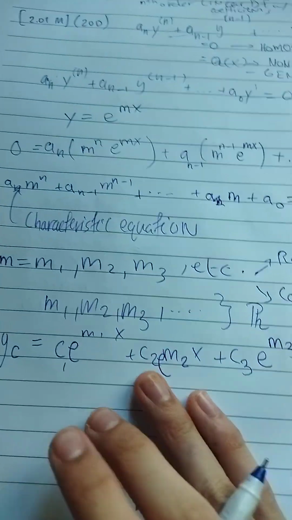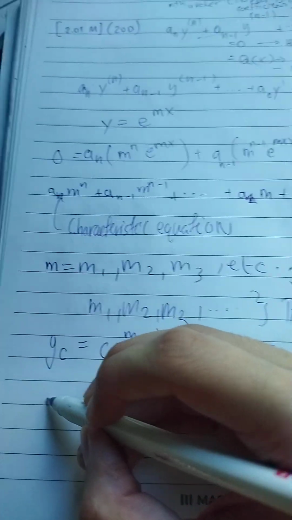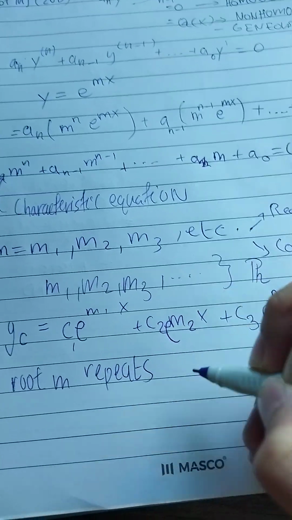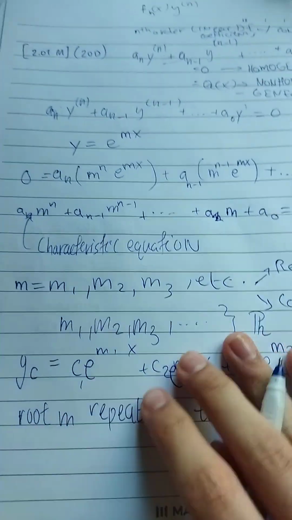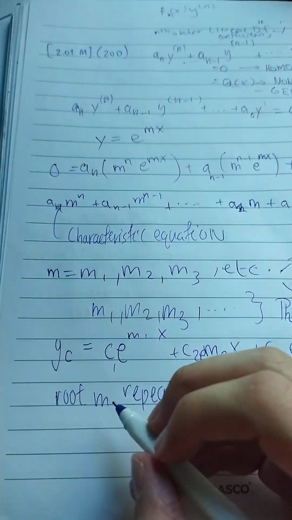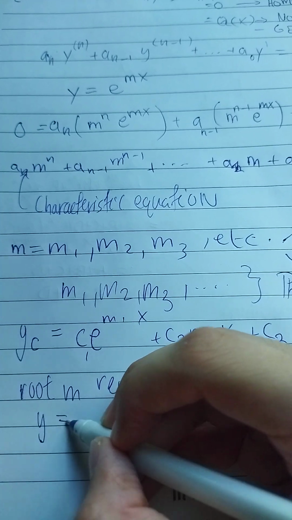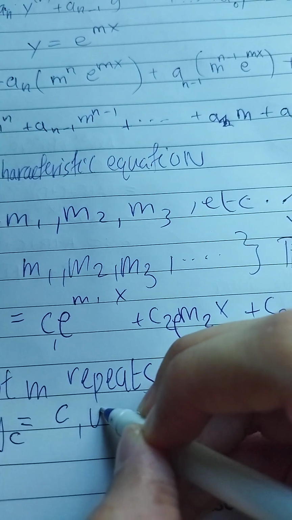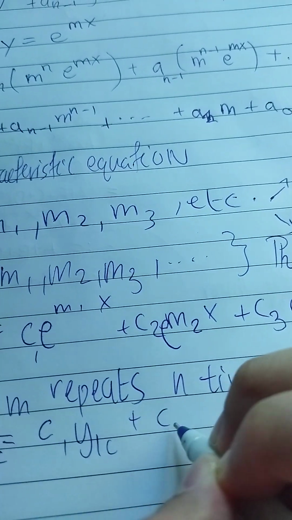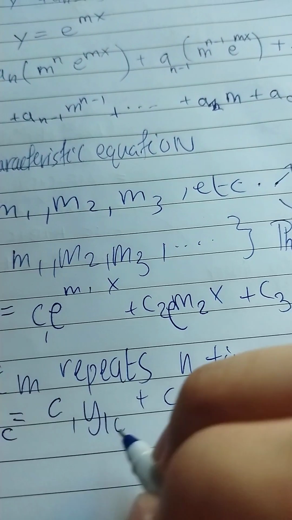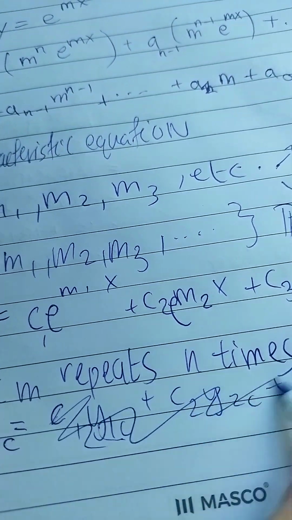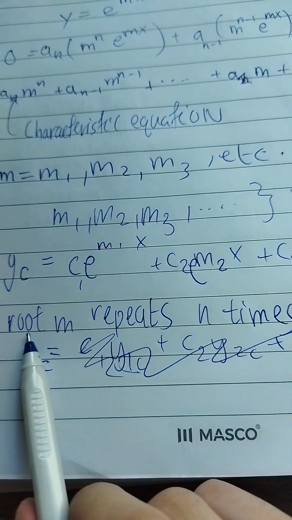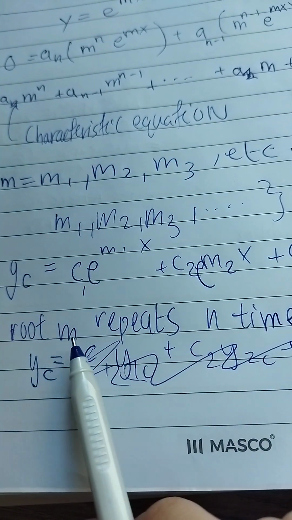And if, for example, you got a repeated root, and that root, let's say root m, repeats n times in a polynomial of this type, then the way that you would write the solution is this. y_c will be equal to c1 y1 plus c2 y2 etc. Let's say y1 describes the function for the root m that repeats n times.